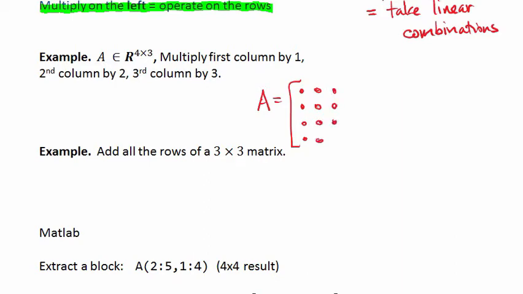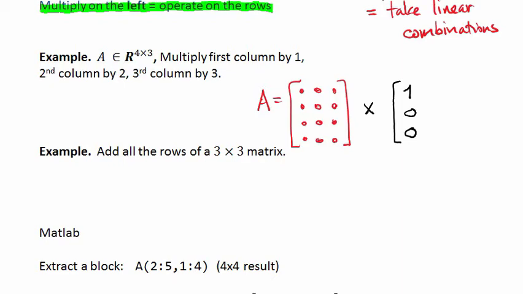And I want to represent the operation of multiplying the first column of A by 1, the second column of A by 2, and the third column of A by 3. Well, to solve that, we're taking a particular kind of linear combination. So first we multiply the first column by 1, and then we add 0 times the second column and 0 times the third column.